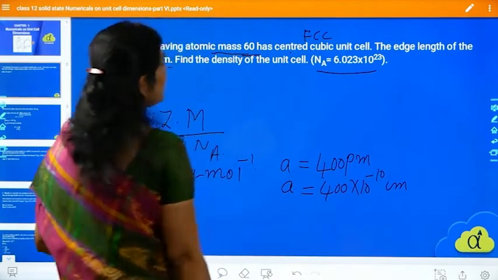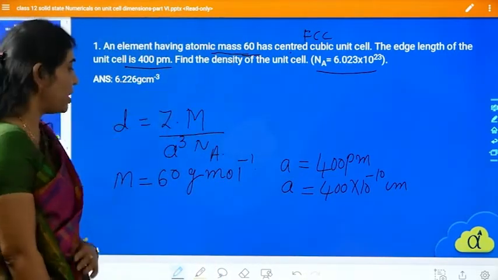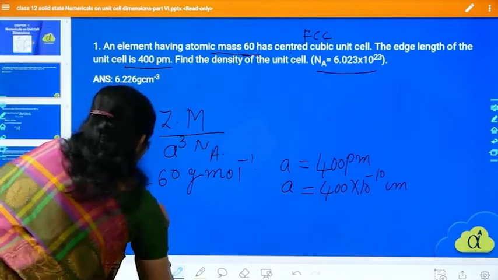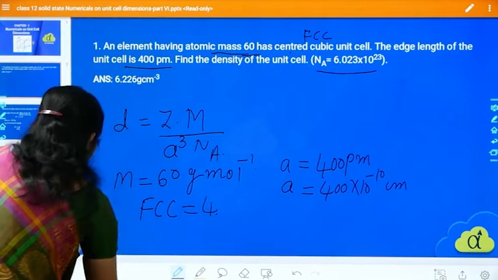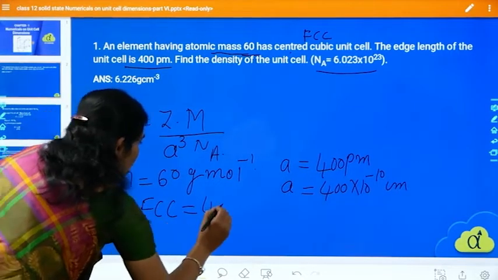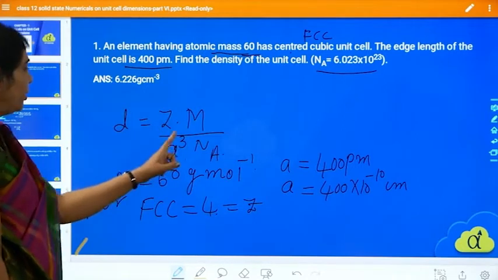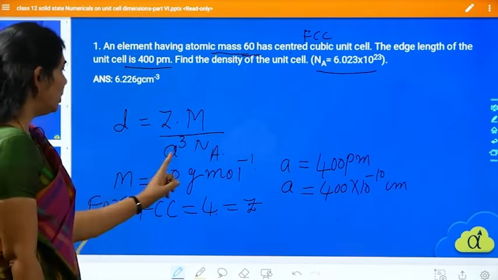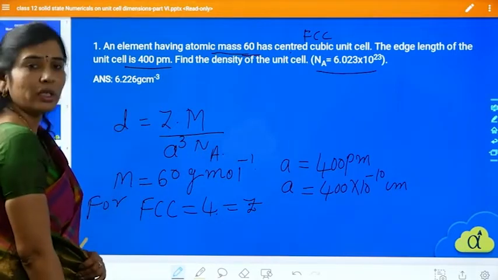The given is FCC, so some mistake was made earlier. For FCC, what is the Z value? You know very well, for FCC, Z is equal to 4. Now we have the Z value, M value, A value, and Na is given. You have to calculate D.